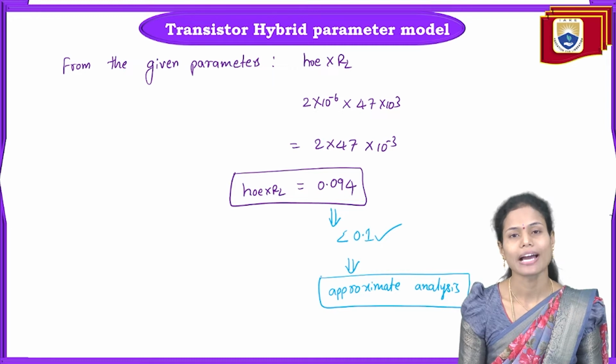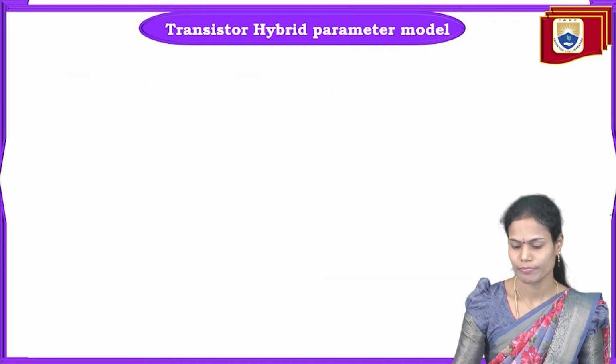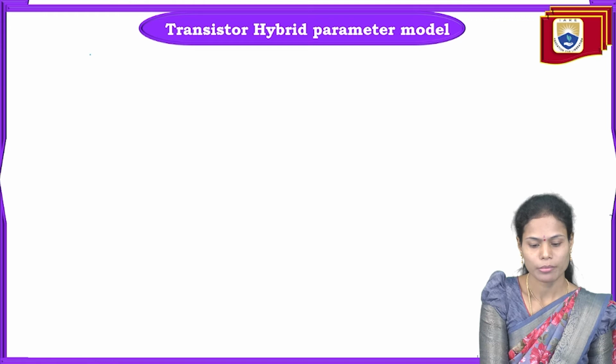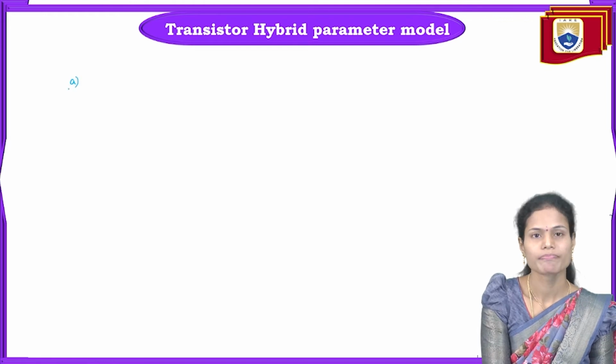So here we know the formulas for the exact analysis as well as approximate analysis. Now I am going to utilize the formulas of the approximate analysis to find the given parameters. The first parameter we need to calculate here is current gain.